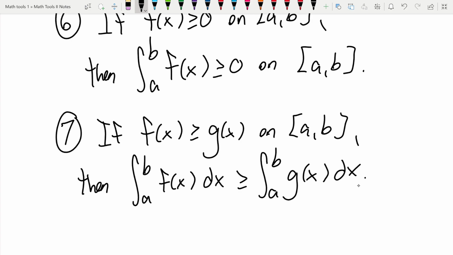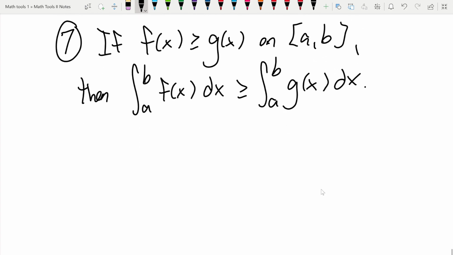I think it's on a quiz or a homework or a test; I can't remember off the top of my head. But once you know this one, you can show the previous one rather easily. If f of x is greater than or equal to 0, then the integral of f of x is greater than or equal to the integral of 0, and the integral of 0 is just 0, because your height is always 0. So 7 implies 6, and vice versa, which is how you do the problem.